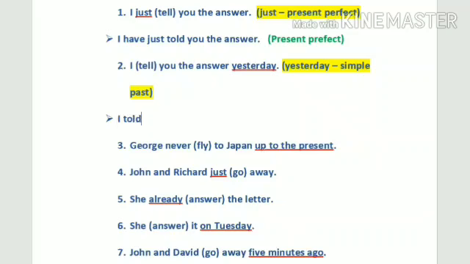Again, the past form of the verb tell is told. So I told you the answer yesterday. First identify the adverbs or the time markers and then change the form of the verb according to that. So in this way you will do rest of the sentences.